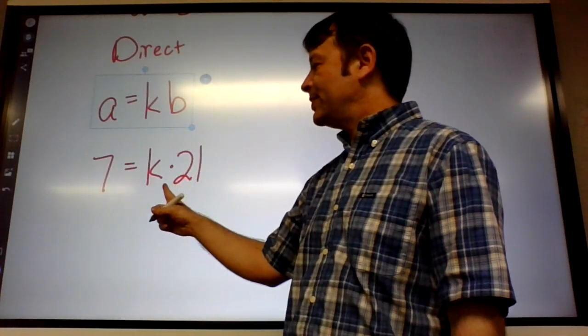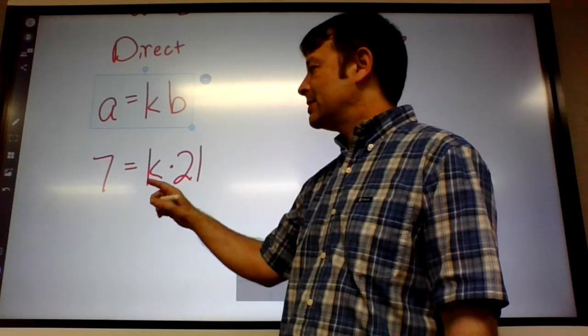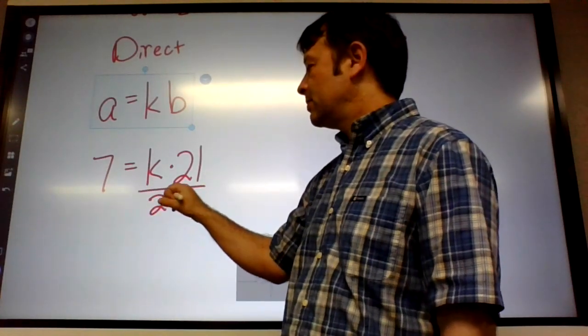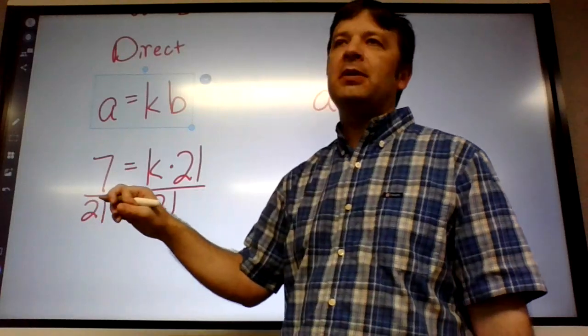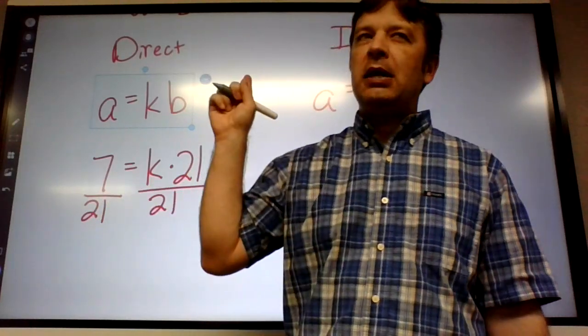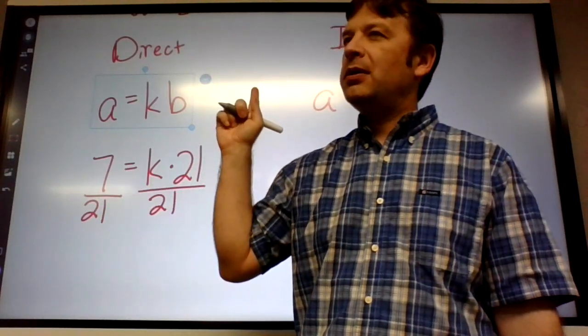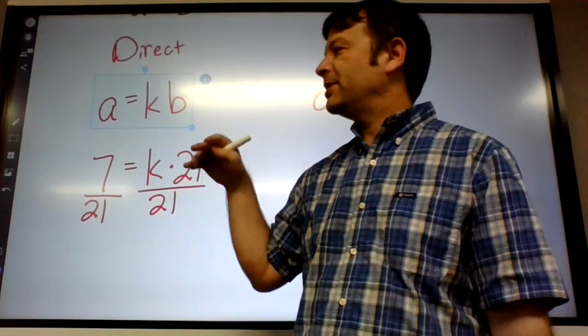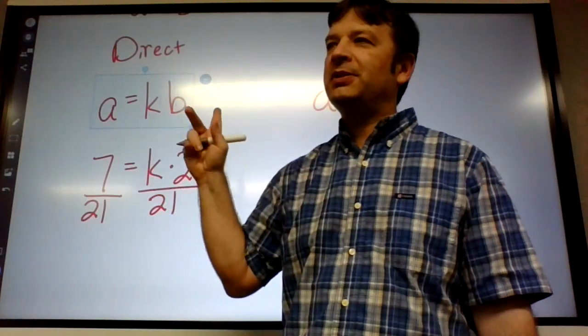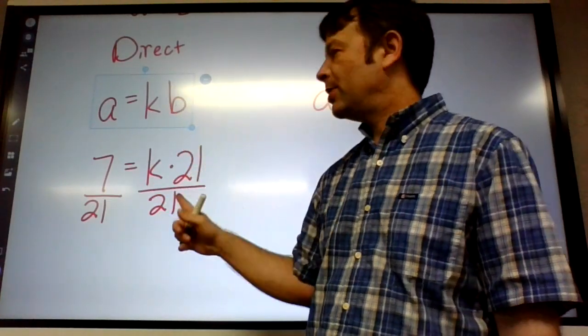How do I solve this for K? Divide. What is 7 divided by 21? It's 7 over 21, but what's that change into? 1/3.